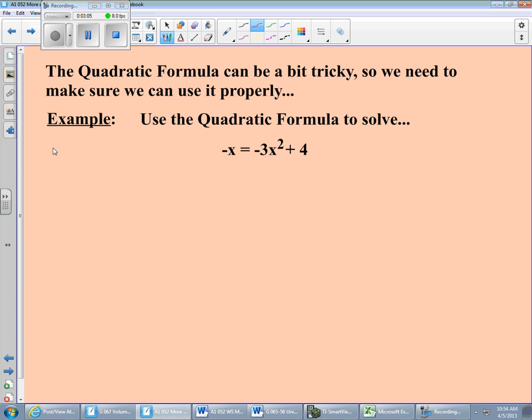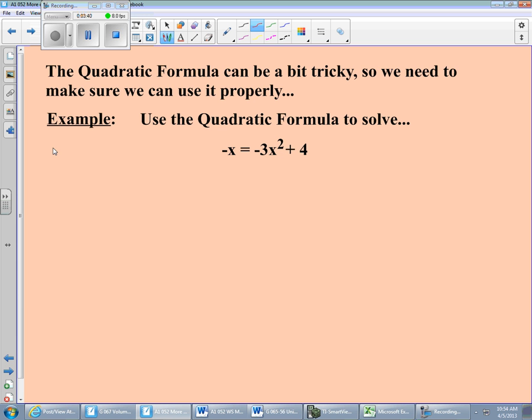But I'll tell you this, the higher you go in math, and I mentioned this the other day, the easier problems arise when the highest exponent is positive. In this case, our highest exponent is an x squared. Is it a positive value right now, or a negative value? It's negative right now. I'm telling you, problems can be a little bit easier in the long run if we can make that guy positive rather than negative.